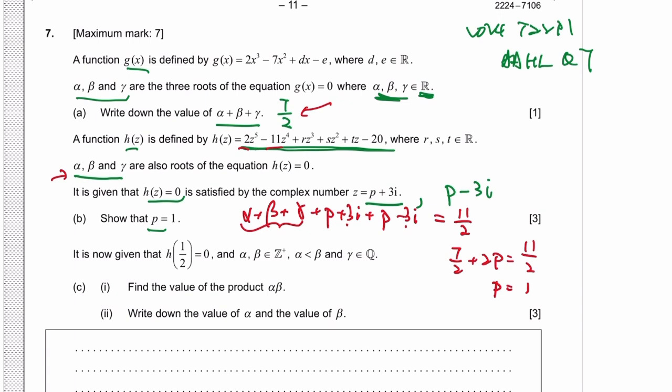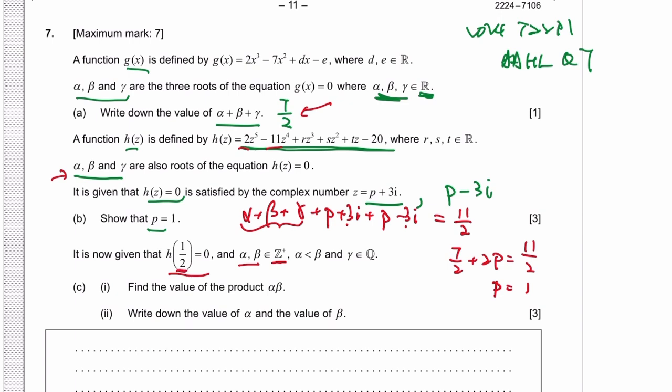Now you're given that h of half is 0. Alpha and beta are positive integers. Alpha is less than beta. Gamma is a rational number. Ooh, wait, but if h of half is 0, then half is a root.